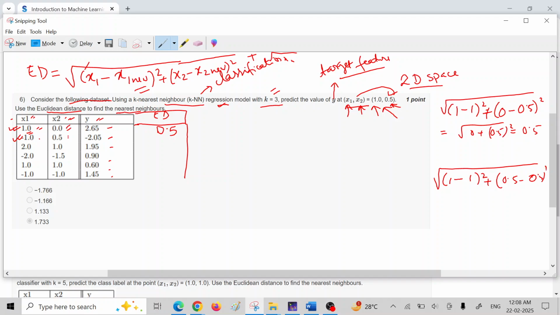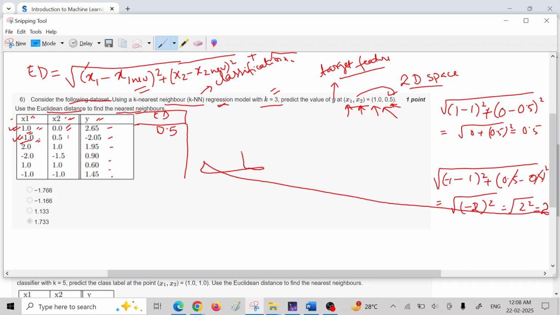One mistake here I have made: the first data point is not 1 but -1. So these two will cancel out, and this will be the square root of -2 whole square, which is the square root of 2 square, which is nothing but 2.